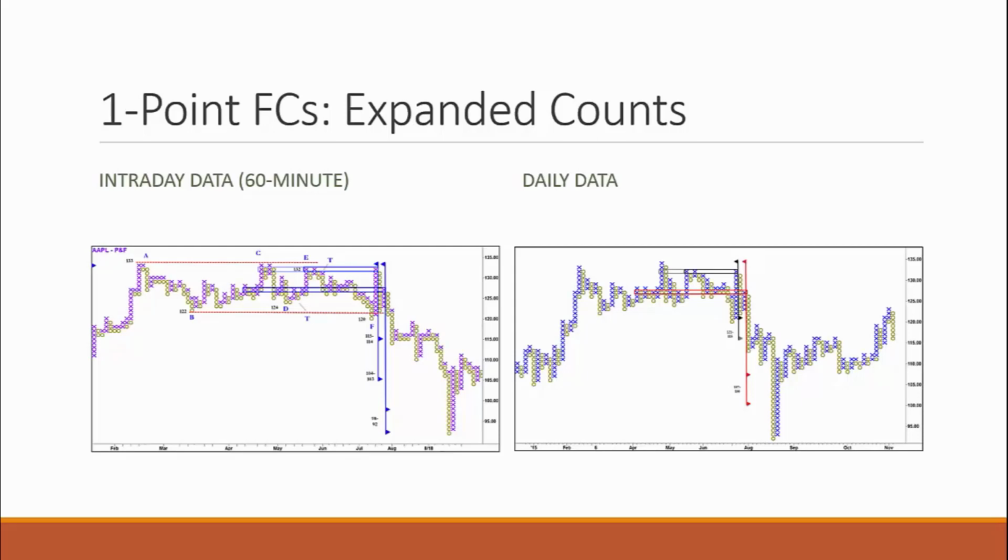So you can see that with both the expanded counts, the one-point figure chart built from the 60-minute data, this is the 60-minute chart, accurately predicted the extent of the down move. The one-point figure chart built from daily data, however, was not as accurate. It fell short in its projections.